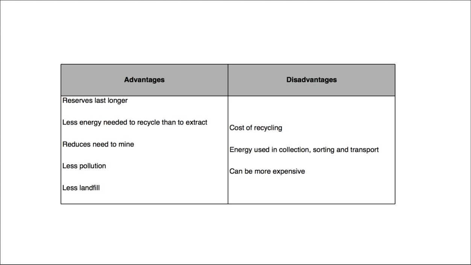But now let's move on to having a look at some uses of metals. So some general properties of metals. They're generally going to be shiny when they've been polished. They're going to be able to conduct, and this is by both heat and electricity.